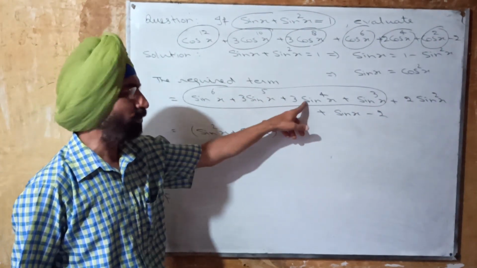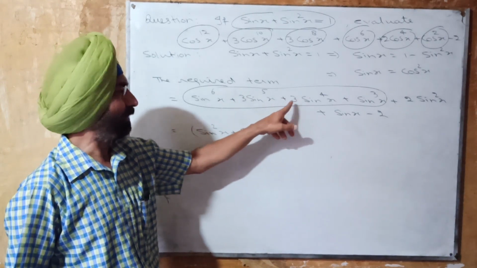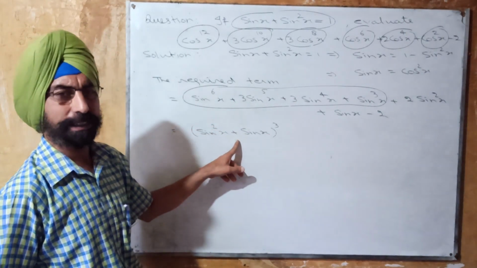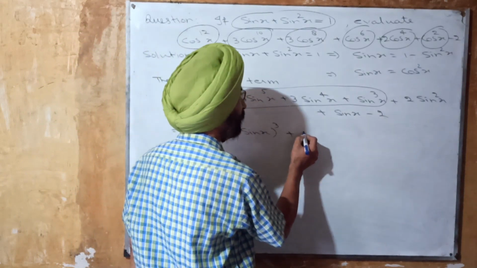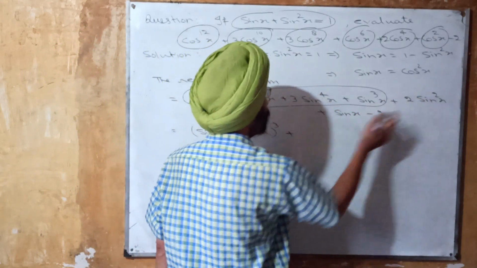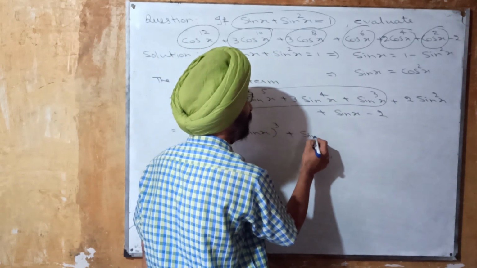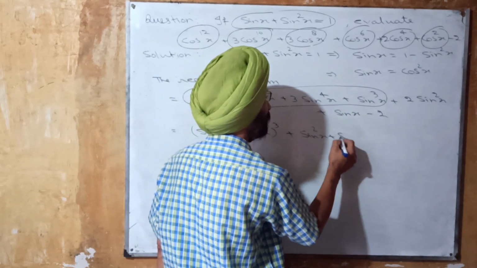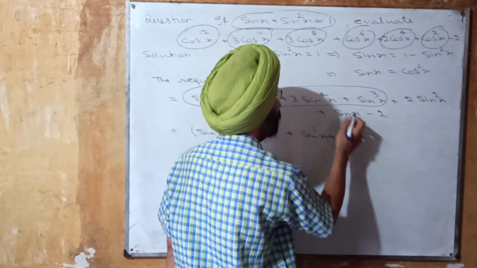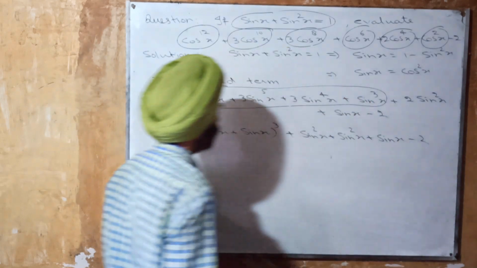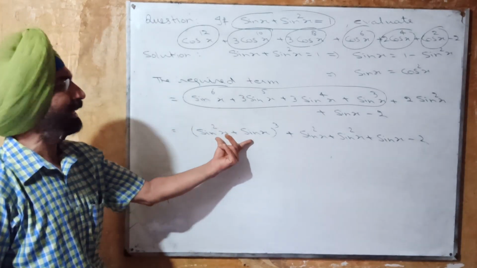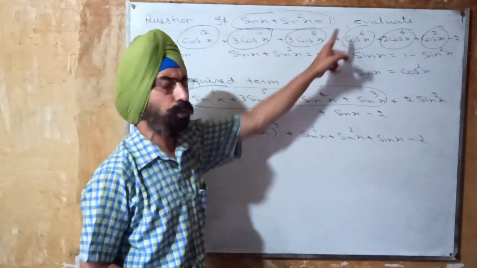So these 4 terms will be collected and made into sin square x plus sin x whole cube, plus. Now we are left with 2 sin square x. This 2 sin square x I am going to break as sin square x plus sin square x, then plus sin x, and then minus 2. This sin square x plus sin x is given to be equal to 1.